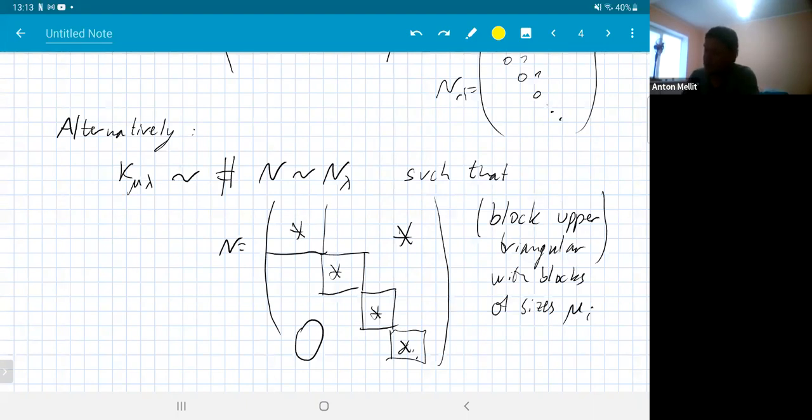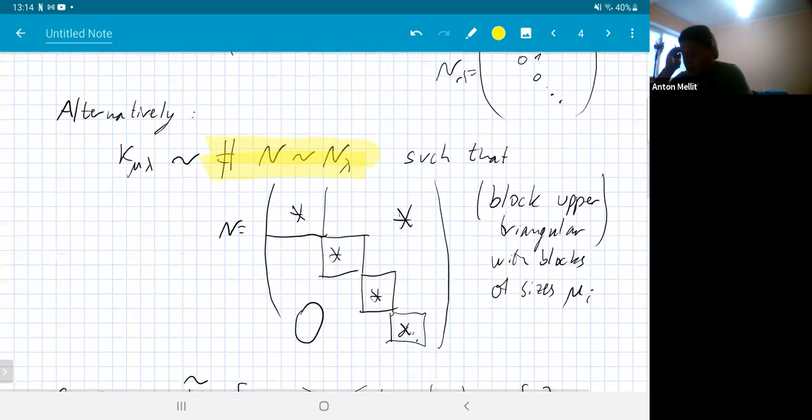And so up to this K, up to a certain explicit rational factor, it is the number of matrices N such that N is conjugate to N_lambda, and N is block upper triangular with blocks of sizes given by mu. Okay. So there are two different ways to get Hall-Littlewood polynomials.